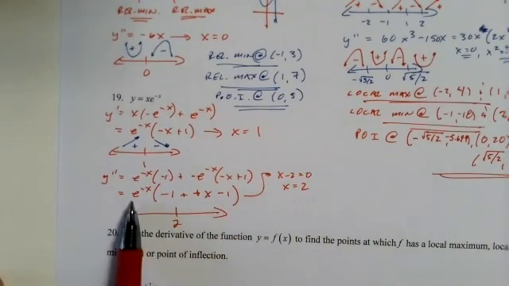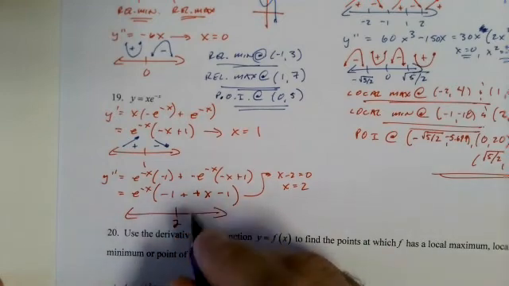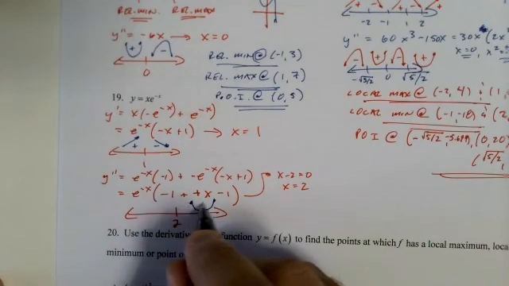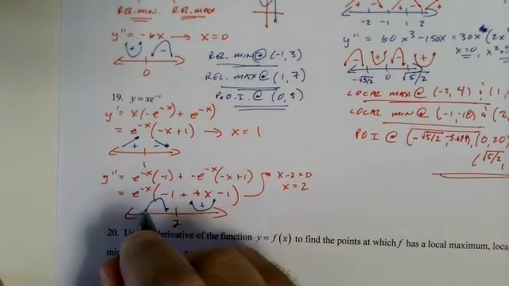This is x minus 2. This is always positive. x minus 2: plug in a huge number, we get a positive. x minus 2, really negative number, we get a negative.